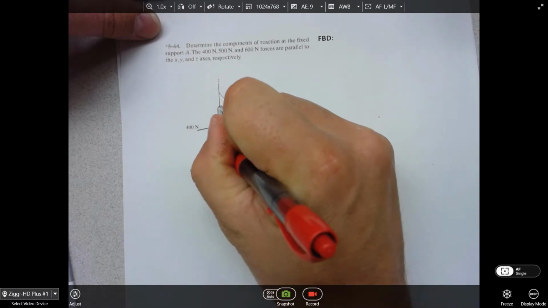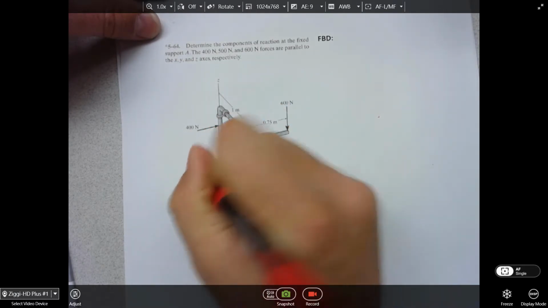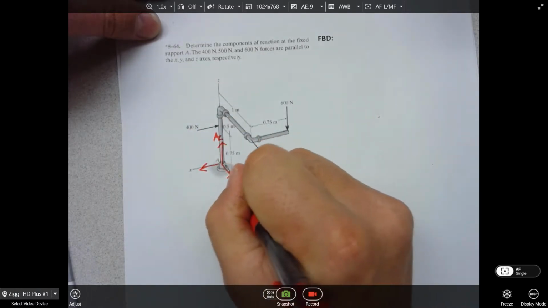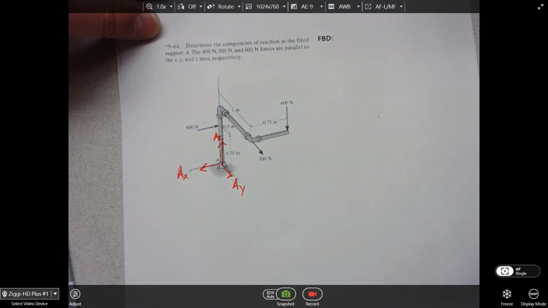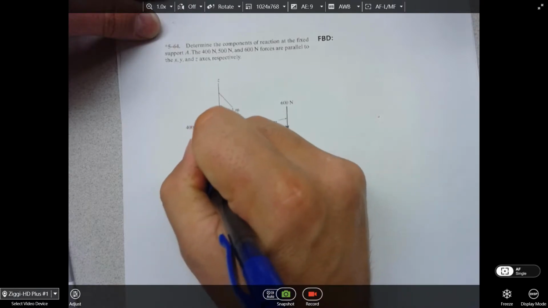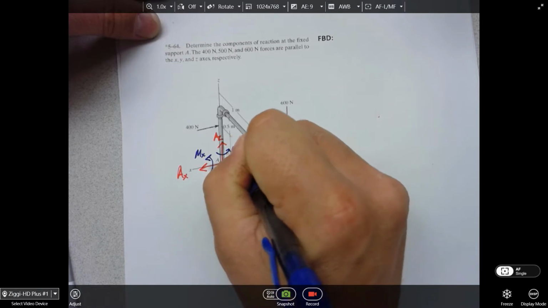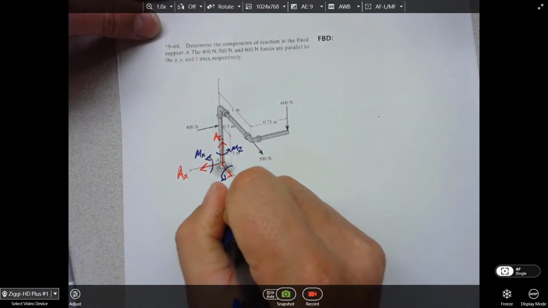So I'm going to have some forces like this: A sub Z, A sub Y, A sub X. And then I'll also have some moments that I'm going to draw in the positive direction. This would be the moment about the X, the moment about the Z, and the moment about the Y.